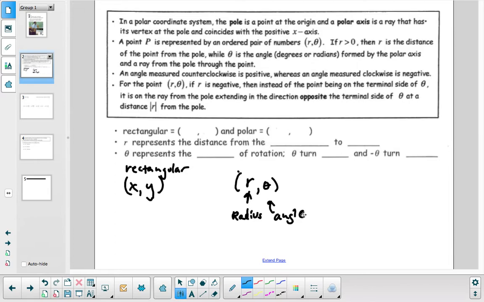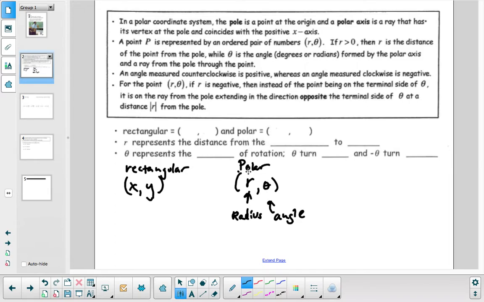Essentially it's the same idea, and you can graph any coordinate as a rectangular coordinate or as a polar coordinate. Polar coordinates have some nice applications, but we'll get into those later.